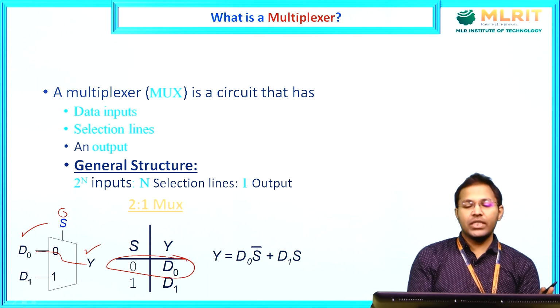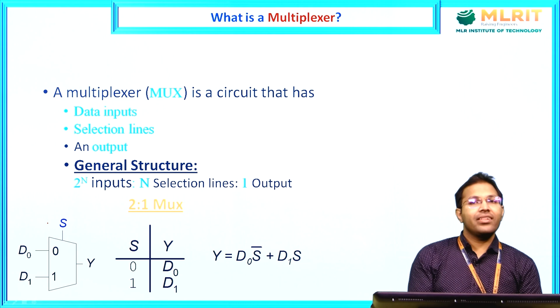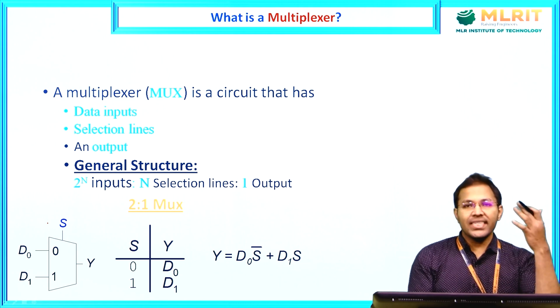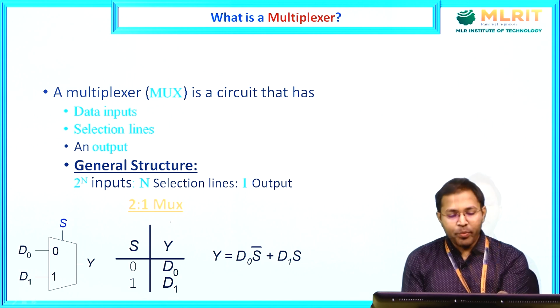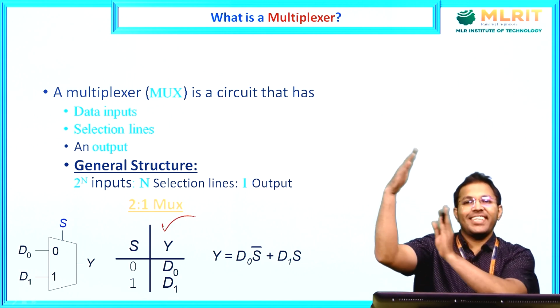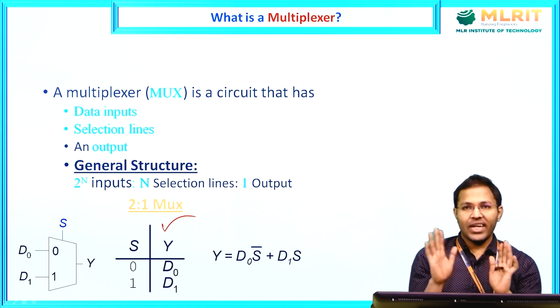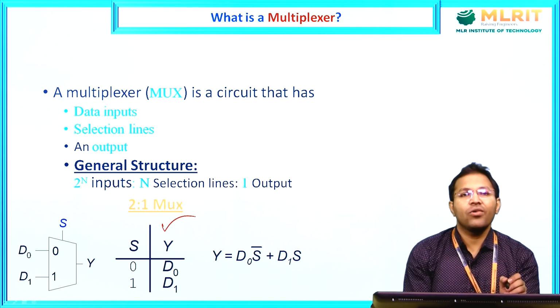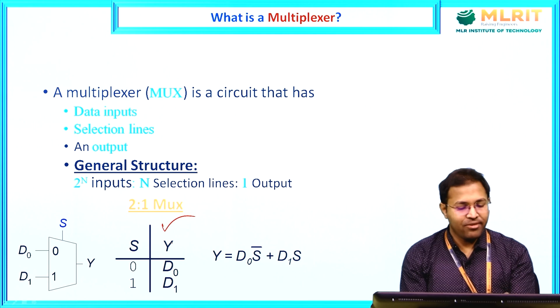So when S is 0, D0 is connected to Y, which means Y is simply equal to D0. Very simple truth table. Based on the truth table, we can directly get the Boolean expression of the output Y, and once we get the Boolean expression, it is easy to construct the circuit. So how can we get the expression for Y?